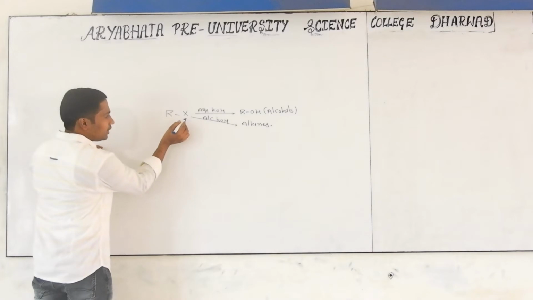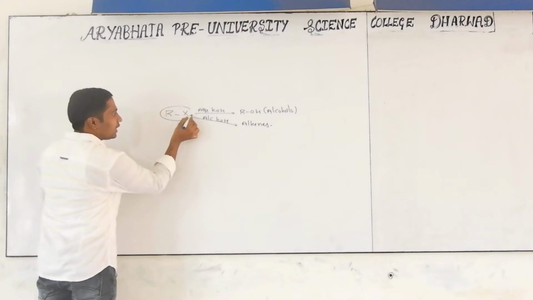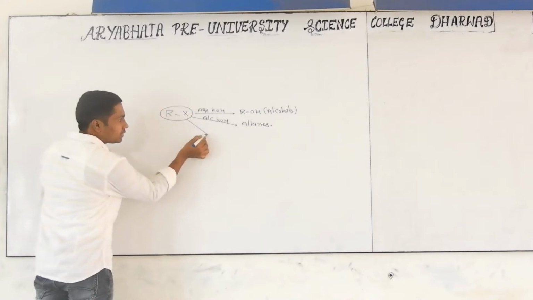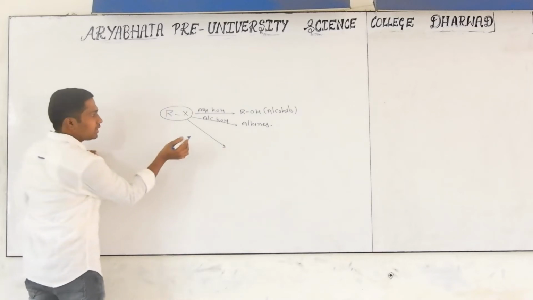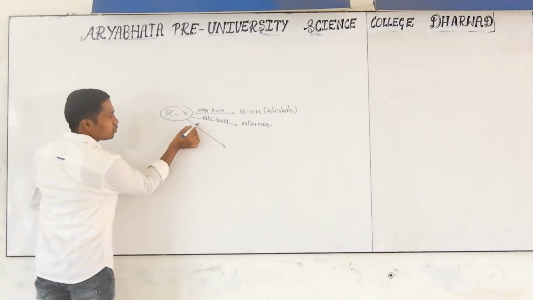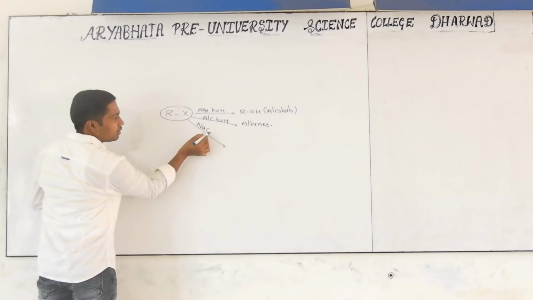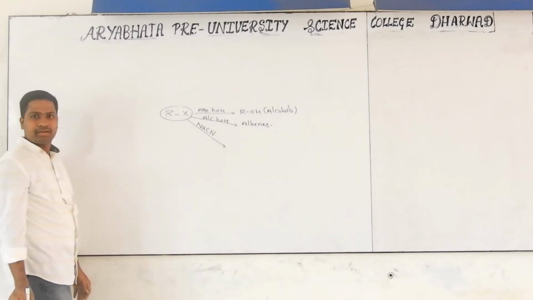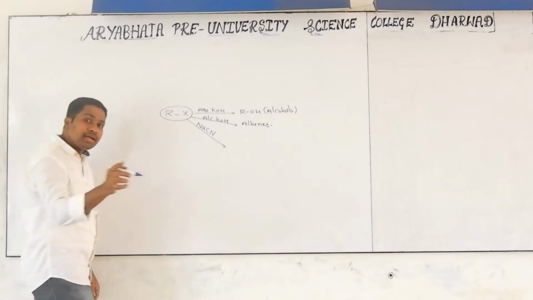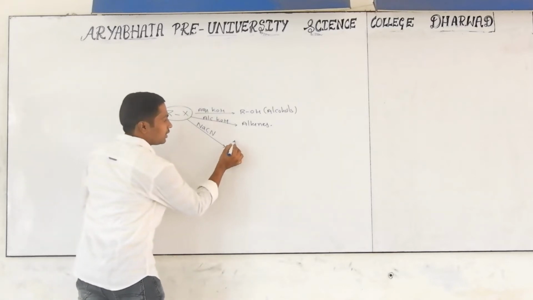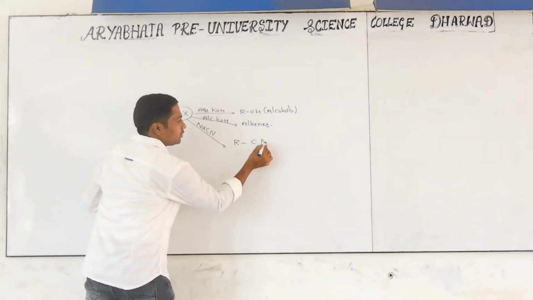Yes. Now the same alkyl halide reacted with, for example, sodium cyanide or potassium cyanide. What are we getting? Cyanides, RCN.